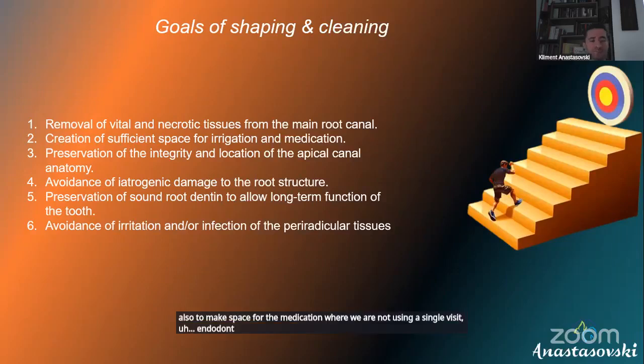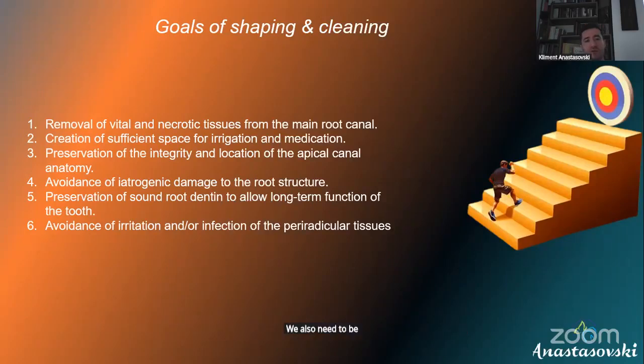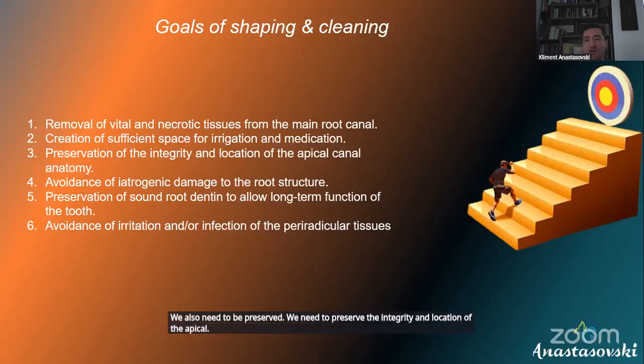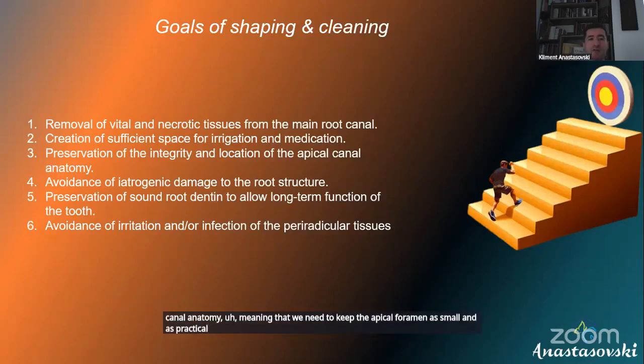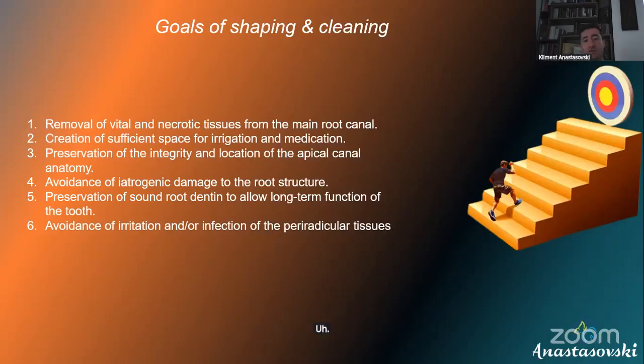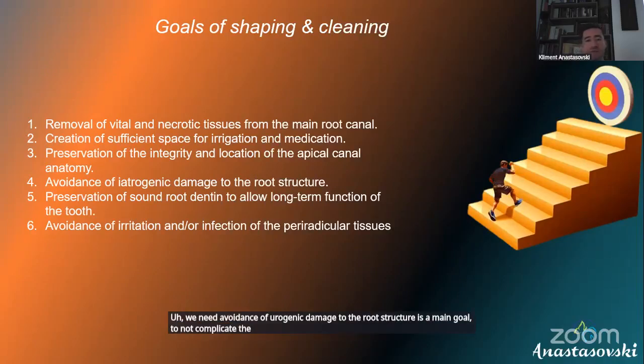endodontics. We also need to preserve the integrity and location of the apical canal anatomy, meaning that we need to keep the apical foramen as small and as practical, and not to try and shape the apical foramen, because you won't do that. You will end up destroying or transporting that apical foramen. We need avoidance of iatrogenic damage to the root structure as a main goal to not complicate the root canal procedure.